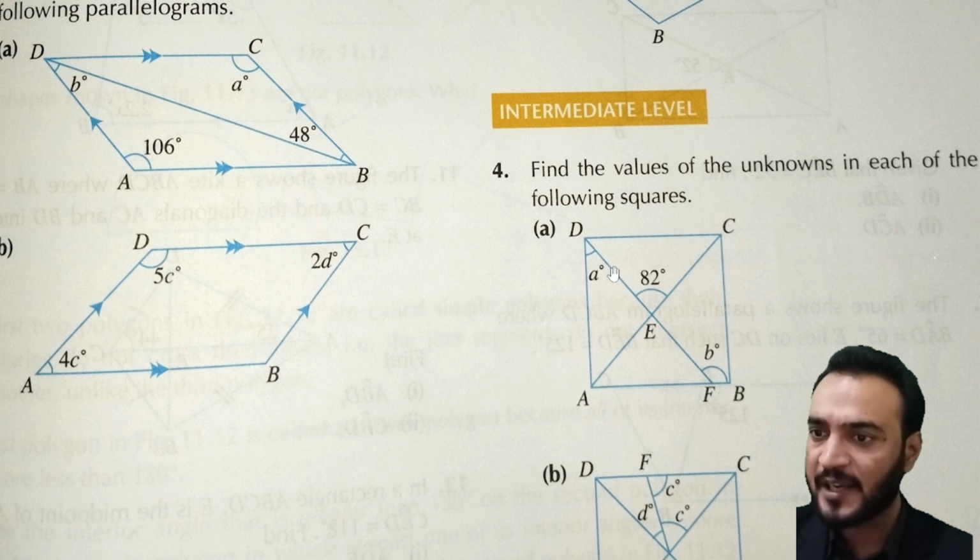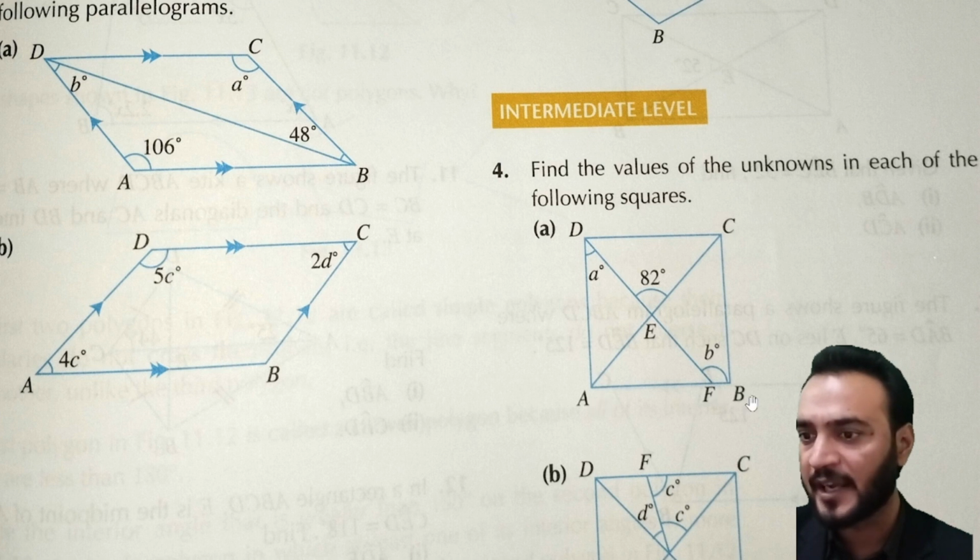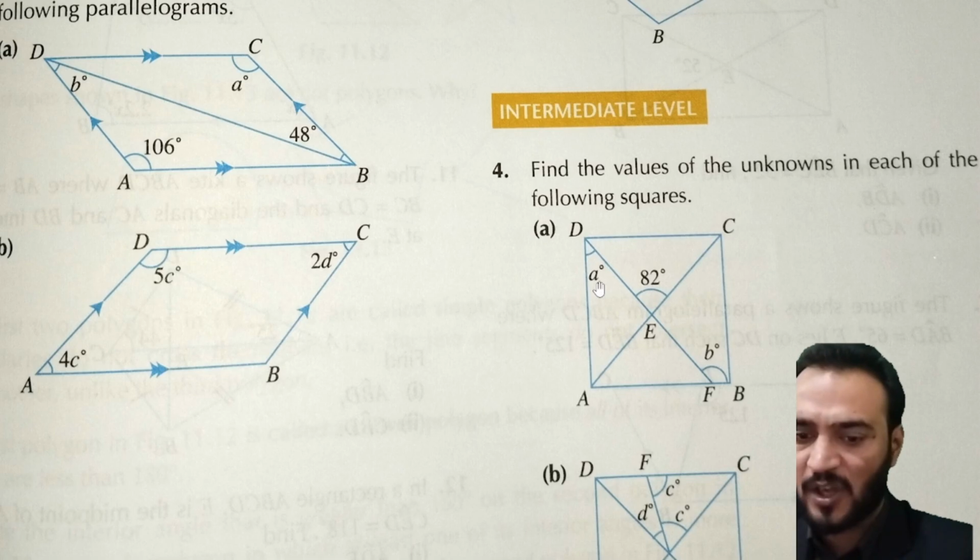But in part A, the DF is not a diagonal, because F is the point between the line AB, not at point B. So this is the angle F. Angle at point F is B degree, which we have to find, and this is the angle A degree, which needs to be found. So let us solve this question.